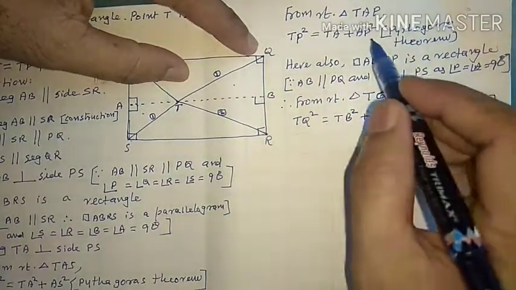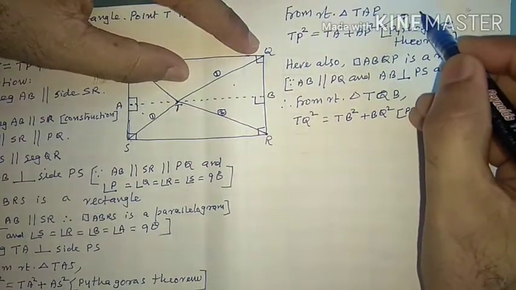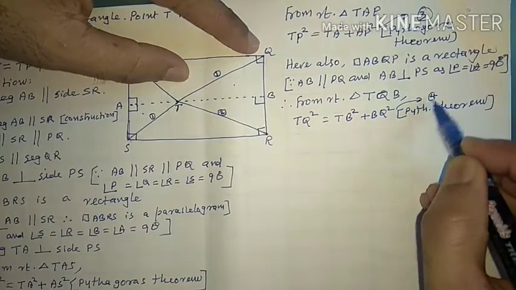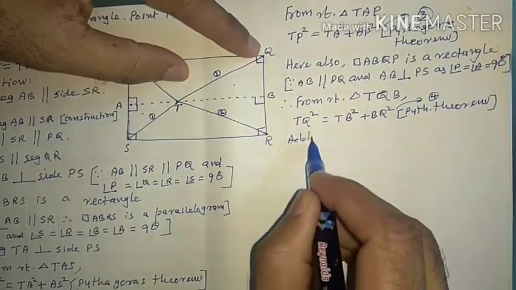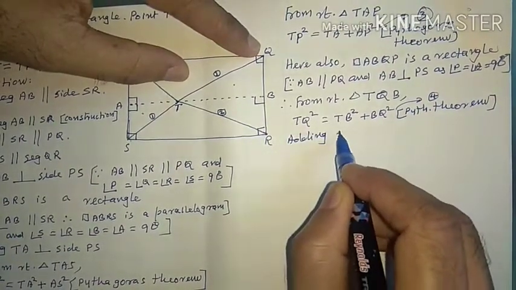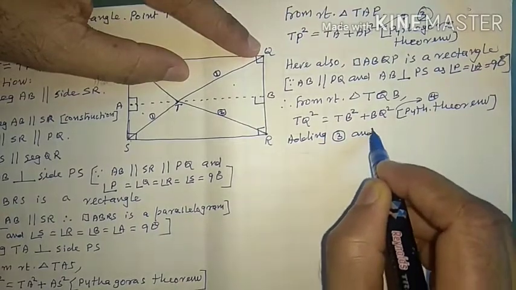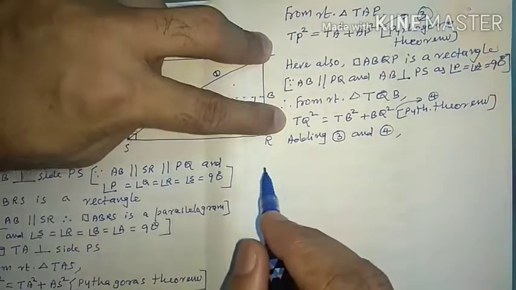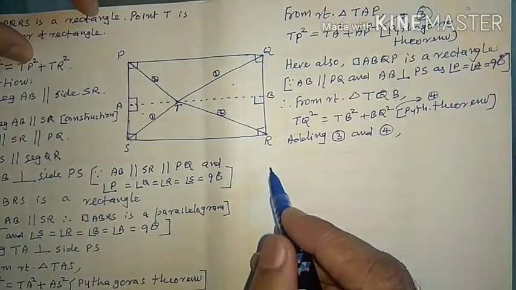Now we add these two. This we consider equation 3. This is equation number 4. Adding equations 3 and 4, what do you get? TP square plus TQ square.